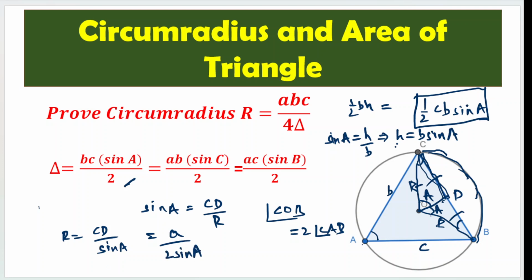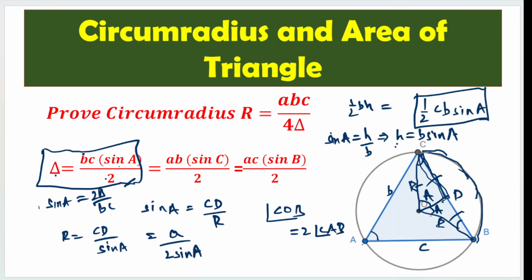Now, in the earlier formula we have proved the area. We have already proved this earlier. From this, let's use the first part, which is sine A equal to 2 into area by BC.